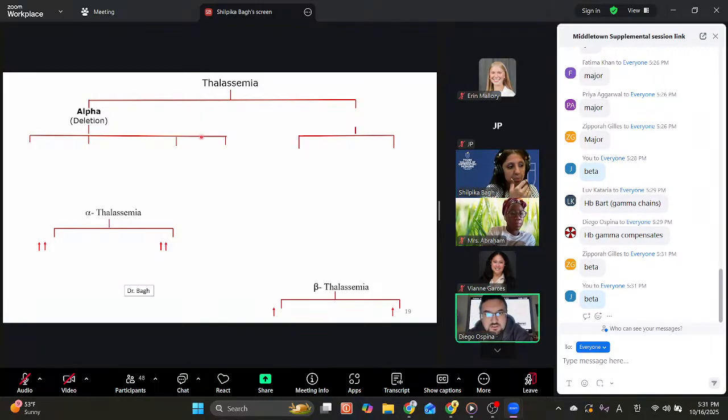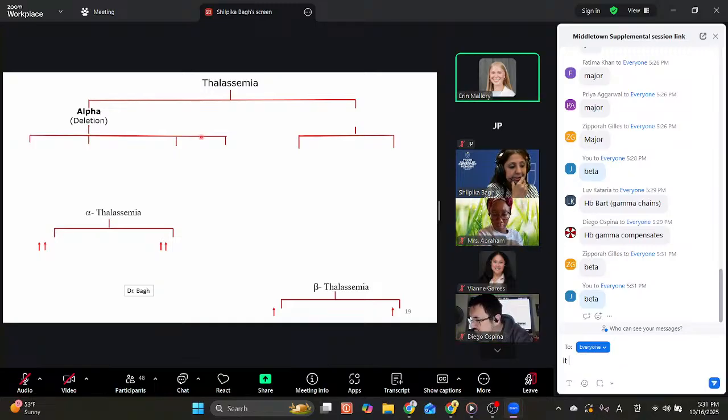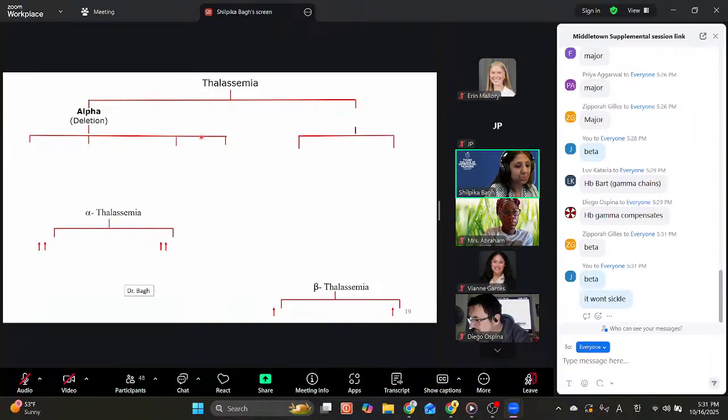Beta. So how will HbF help? It doesn't have a beta chain. Yes, because it's alpha-2 gamma-2. Number one, it won't sickle, and it will also compensate and help the sickle cell patient to have some kind of normal hemoglobin and its function, right? Does that make sense? Because it has gamma chains.